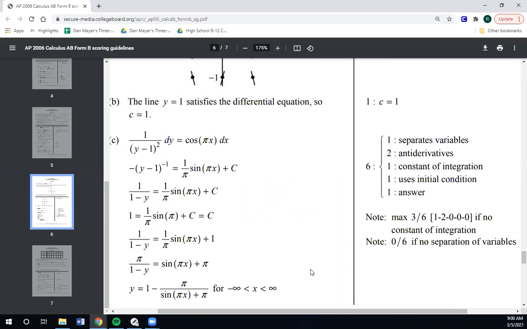So 1 over 1 minus 0 equals 1 over pi times sine of pi times 1. So sine of pi is 0, so C is 1. And so let's put the plus 1 there, and then solve for y. So that's the how part of the process.